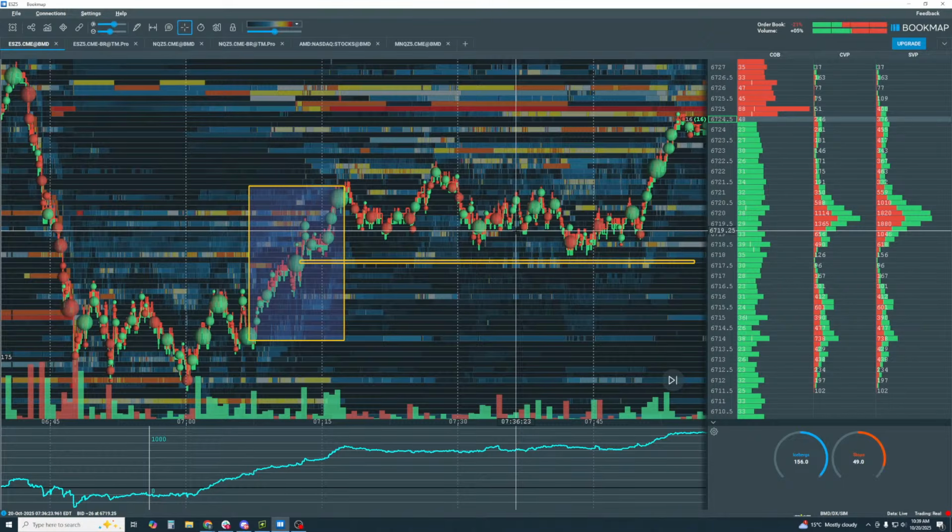In the bigger scheme of things, I wasn't looking at those levels. I like to look at levels where there are multiple confluences, which makes pretty good sense to me. Or if you're going to look at something like VWAP, that everyone else is going to be looking at as well.